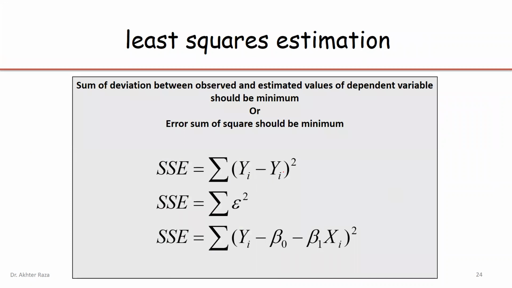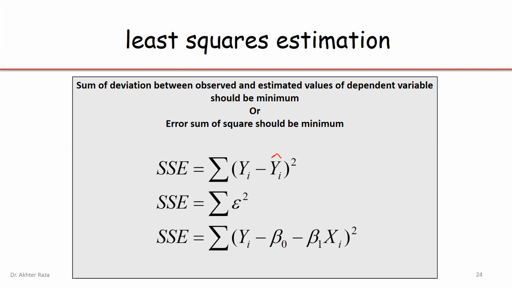So y minus y cap, this is error: yi minus yi cap, the observed value of y and the estimated value of y. The difference between the two is known as the error. Error is squared and summed. This is SSE, or we can write it simply as the sum of squares of error. And as I told you, this is y minus beta naught minus beta 1 x whole square.